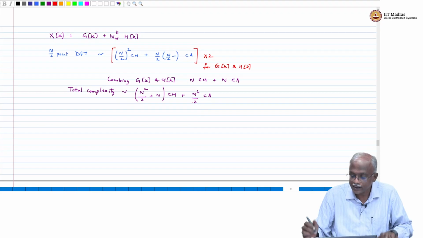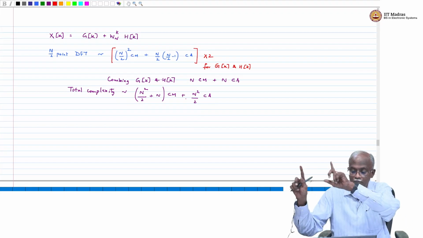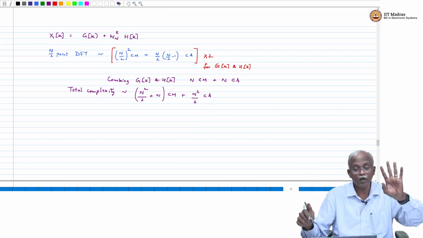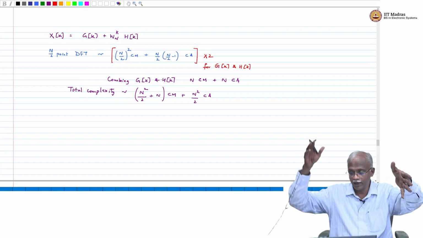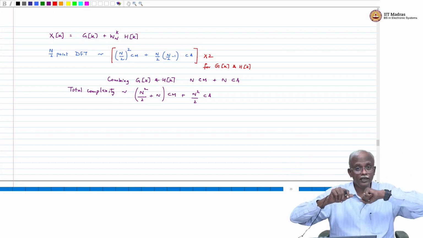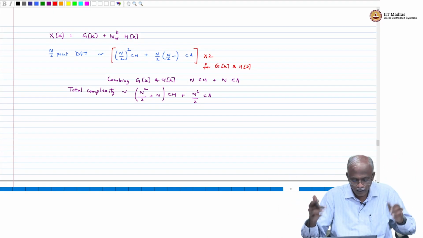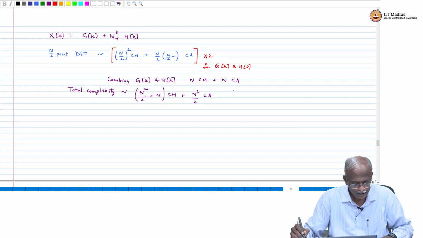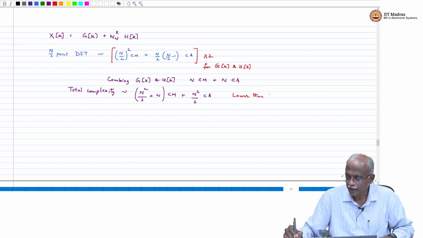Now is this better than N squared plus N squared? The original complexity was N squared complex multiplies and N into N minus 1 complex additions. Now you can verify that this will always be lower than direct computation of the N point DFT.